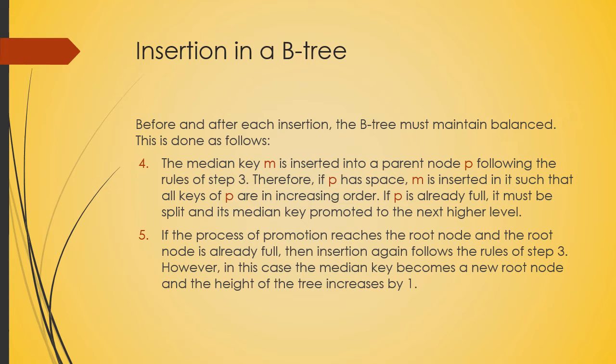If the process of promotion reaches the root node and the root node is already full, then insertion again follows the rules of step 3. However, in this case, the median key becomes a new root node and the height of the tree increases by 1.